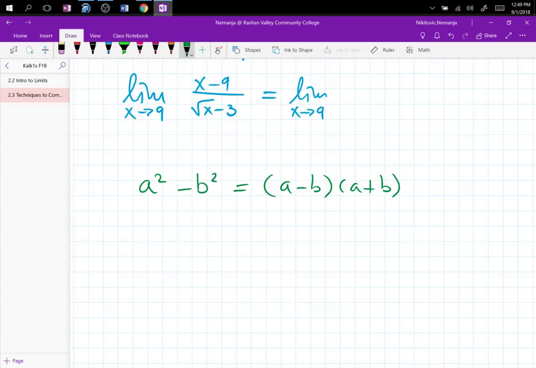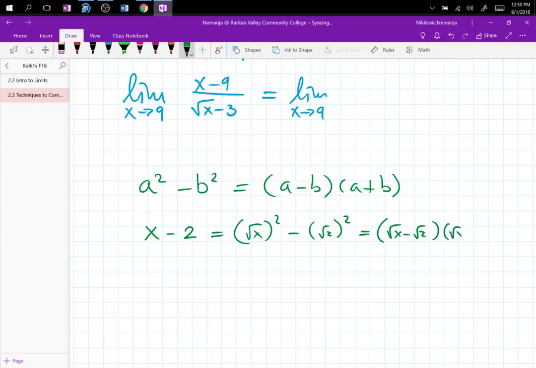Now, if I have, let's say, x minus 2, can I factor this? The answer is yes, because I can write square root of x squared minus square root of 2 squared, which would give me square root of x minus square root of 2, square root of x plus square root of 2. You can factor anything at any point in time.